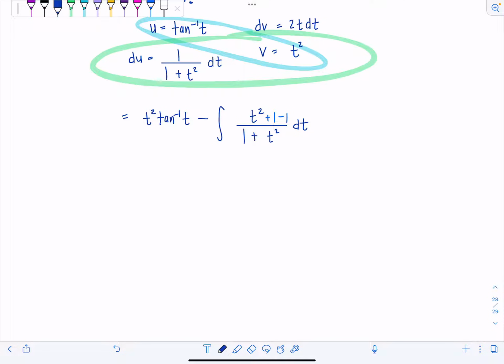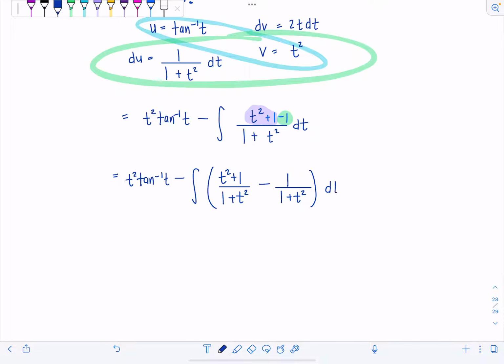Well, watch. Make sure you keep rewriting this t squared tan inverse of t out here, minus the integral. t squared plus 1, I'm going to group that together. So we've got t squared plus 1 over 1 plus t squared minus, and then this little guy here, I'm going to write separately, 1 over 1 plus t squared dt.